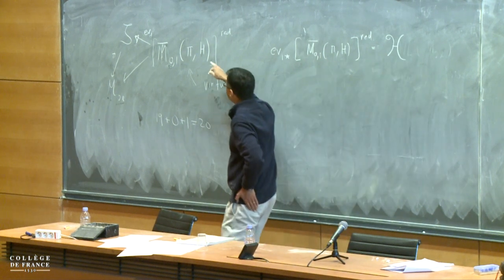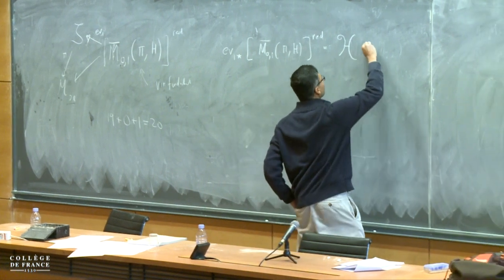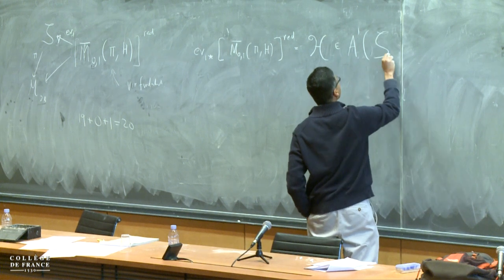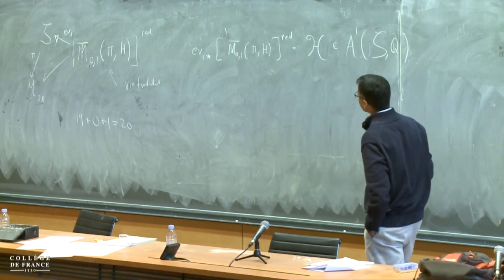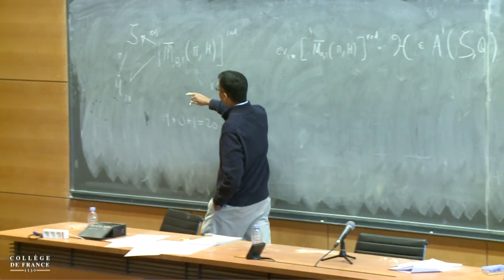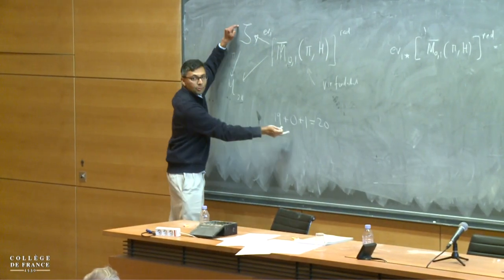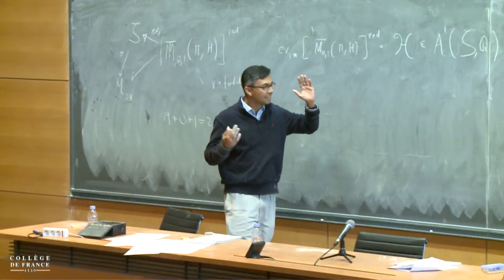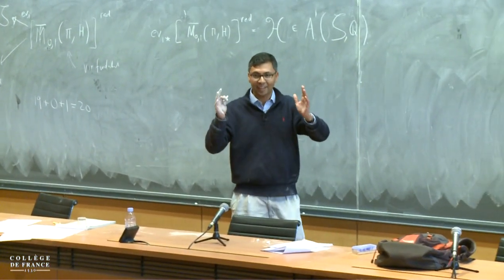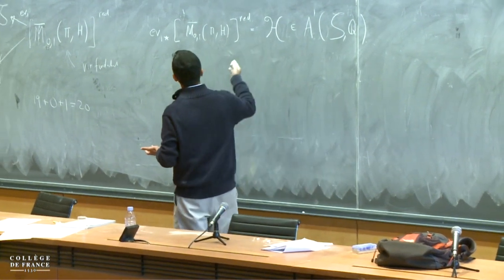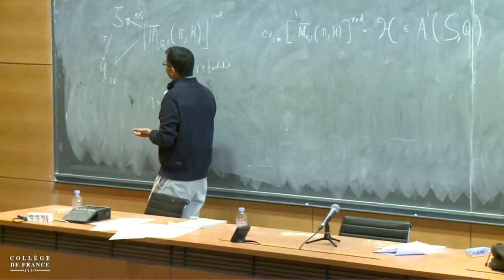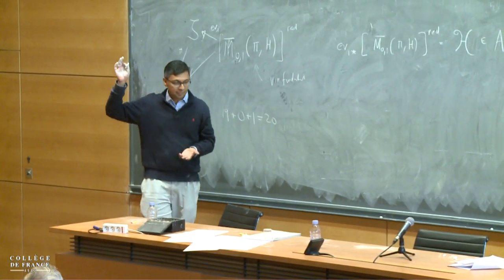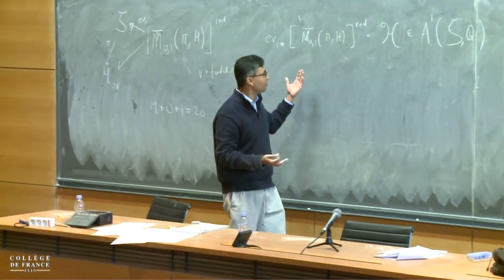So we start with a straight H, and now I have a calligraphic H. Because this thing is 19, this one's 21, and this is a 20. And this is really a cycle class. We've defined it perfectly, and there's no normalization. We actually have one class. And what is this class? This class is basically the class defined by adding up all the rational curves in there. But it's defined in this Gromov-Witten way.